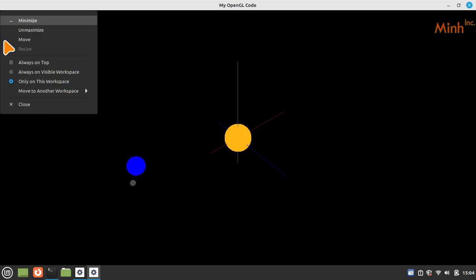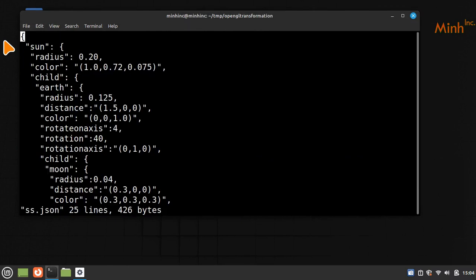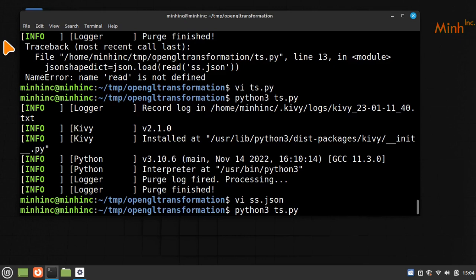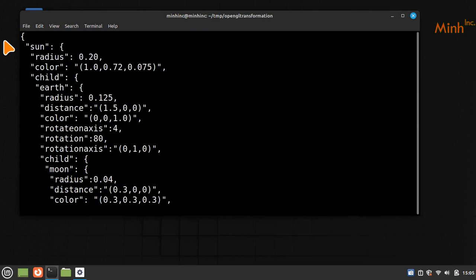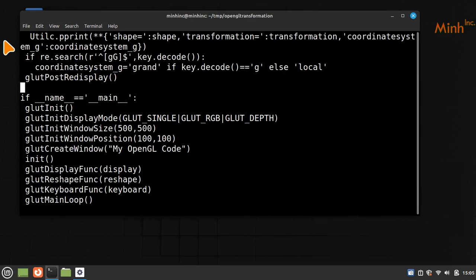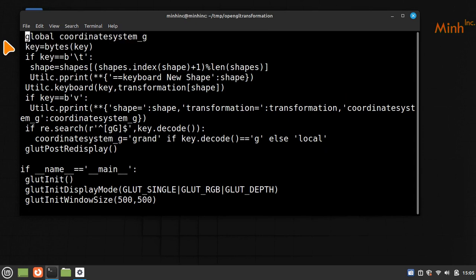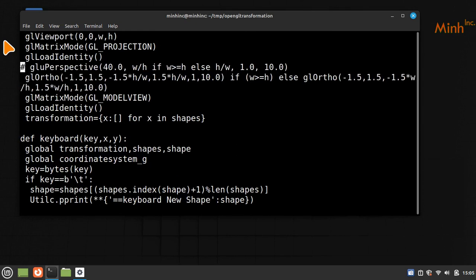This is too quick, so I can decrease the Earth speed, and I'll enable glOrtho.